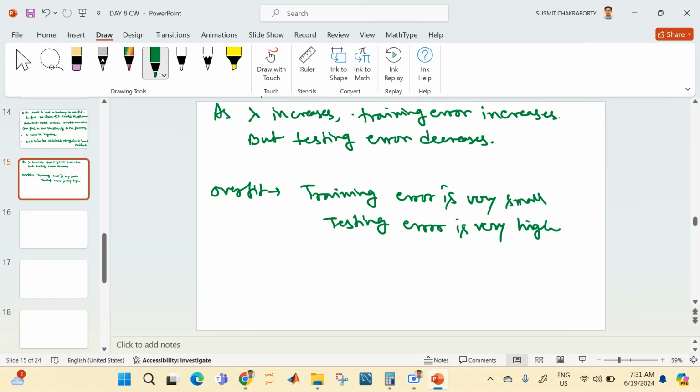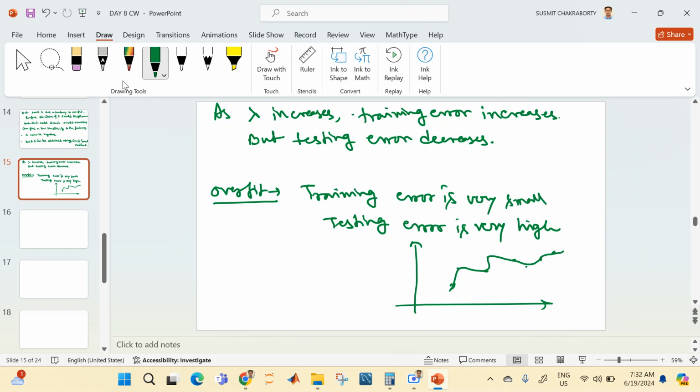Actually, an overfitting model remembers all the data points. Suppose these are the data points, and the model learned all of them. After learning in training, there is no error. Error is very small, but when it goes to the testing phase, there is no notion to predict.